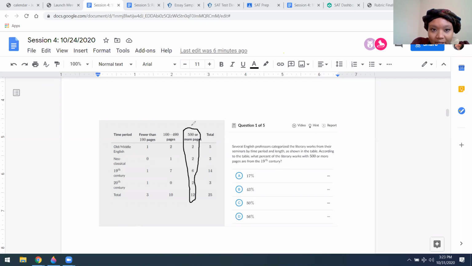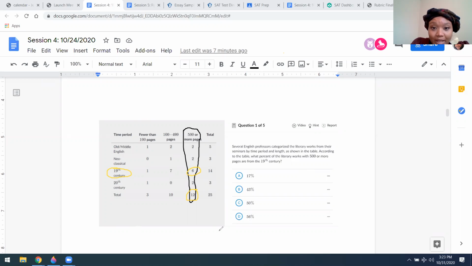So 500 or more pages, like we said, we're focusing on that column. The total works with 500 or more pages is 12. So of that, we're looking at the ones that are from the 19th century. So we scoot over and we see that that number is 6.